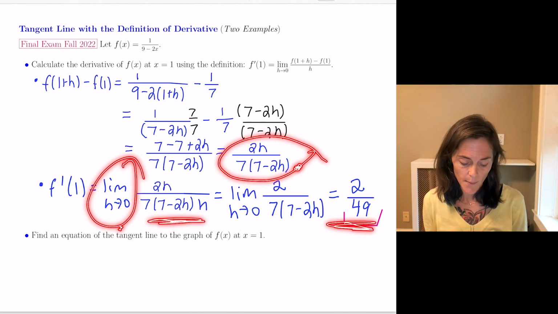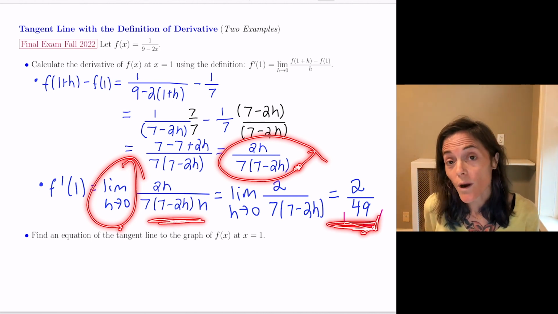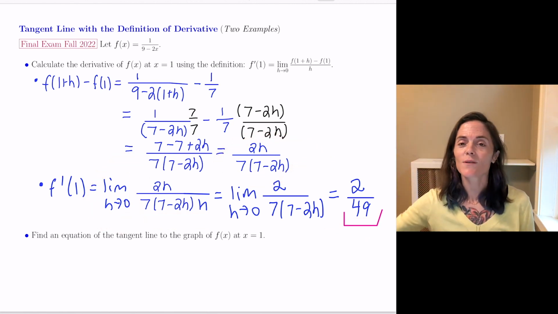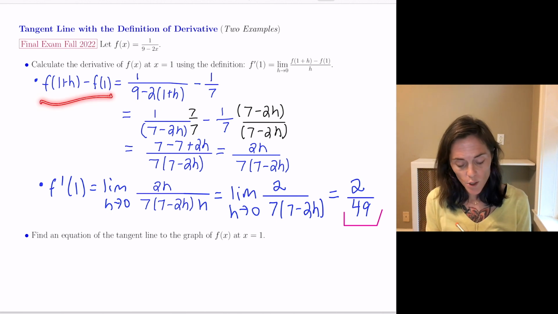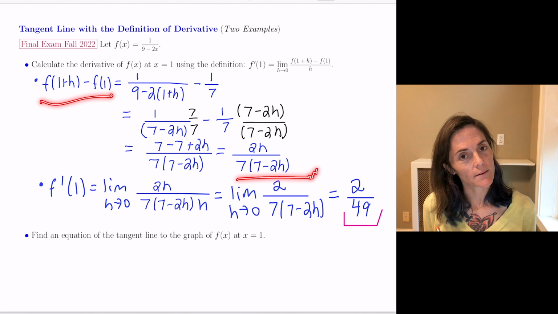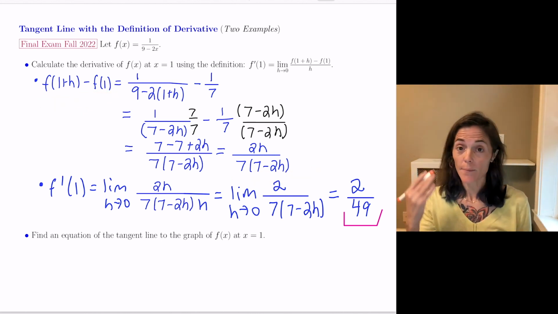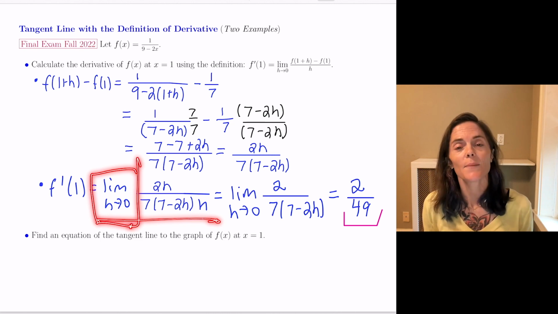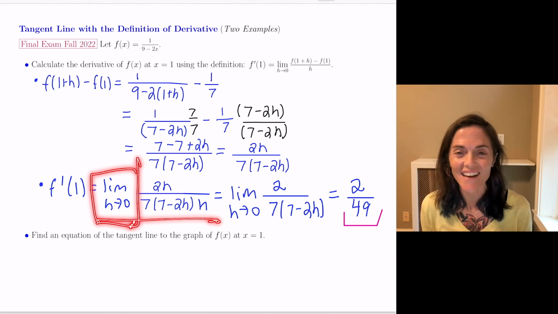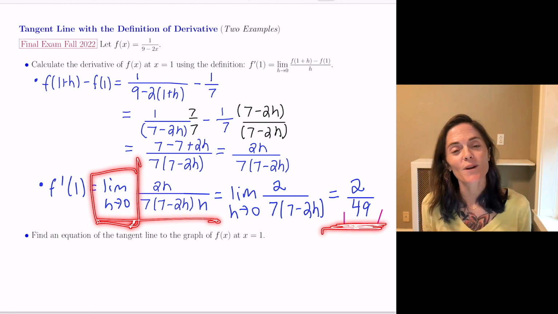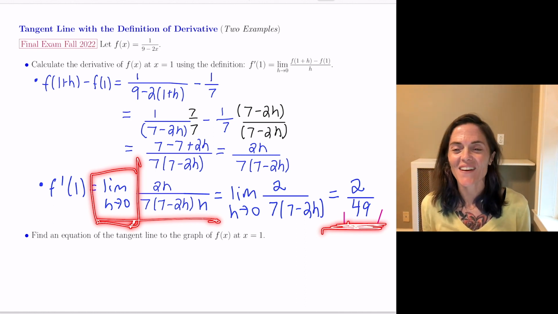And here is the limit. So when you're showing your work for a question like this, make sure your work follows logically. Start with the numerator and simplify until we have h times something. And then divide by h, and we take a limit. Make sure you write limit h approaches 0. This is what we are calculating here. Finally, we have our limit here. 2/49 is the derivative evaluated at x equals 1.